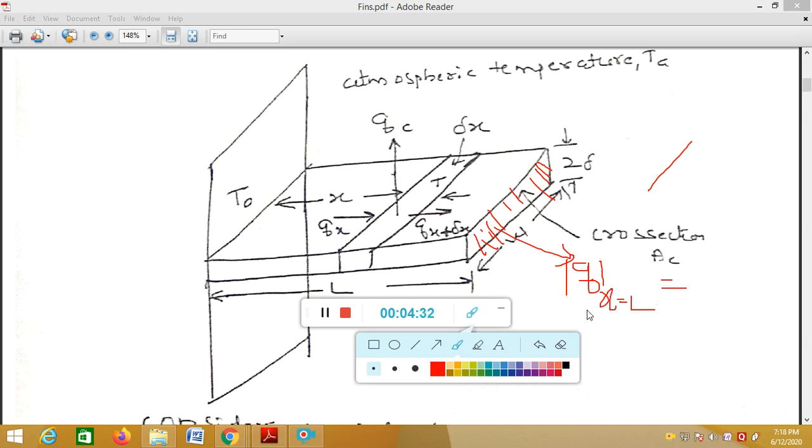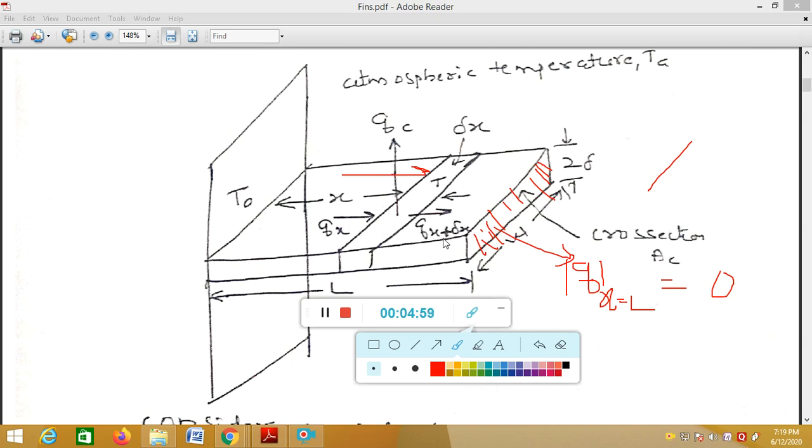What is the significance or meaning of this term? We know that heat is conducted here, Qx entering the strip, heat convected from the strip is Qc, and heat going out from the strip is Qx plus delta x. Qx minus Qc equals Qx plus delta x.